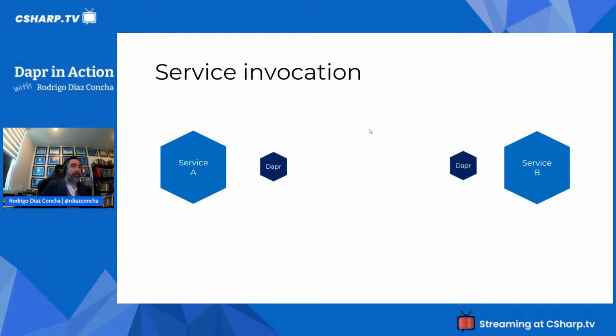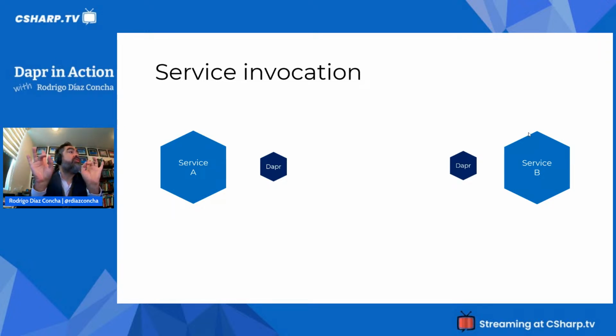And with Dapr, we use the sidecar, of course. So you remember that Dapr runs as a sidecar, which is a design pattern, right? It runs alongside your main application. So at the end of the day, each service has a Dapr sidecar.